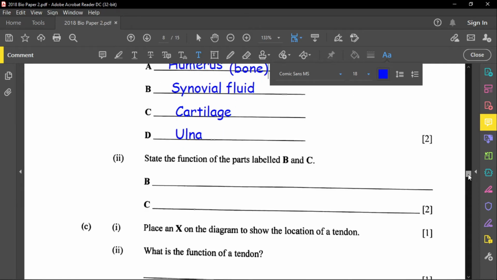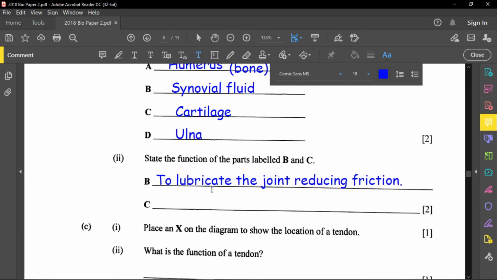Now it's to state the function of the parts labeled B and C. B is the synovial fluid and C is the cartilage. What is the function of synovial fluid? It is to lubricate the joint, reducing friction, to allow the joint to move much easier and smoother.